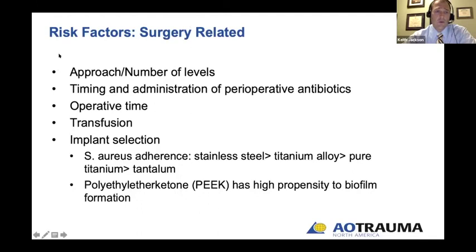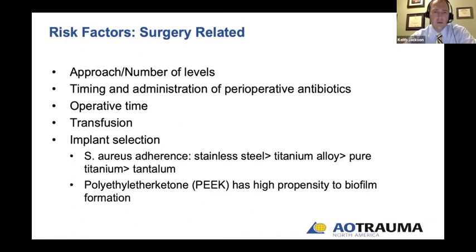When we get into the surgery-related risk factors, by and away, the two largest determinants of the infectious risk are the approach as well as the number of levels instrumented. The approach, we know that lateral or anterior approaches tend to have lower infection rates than standard open posterior approaches.